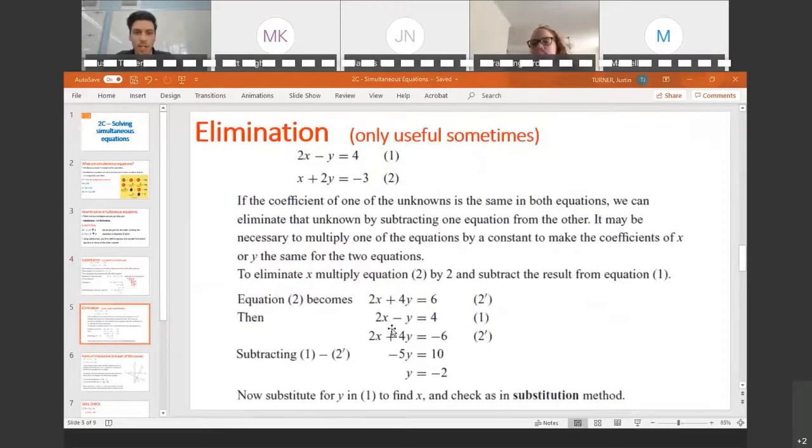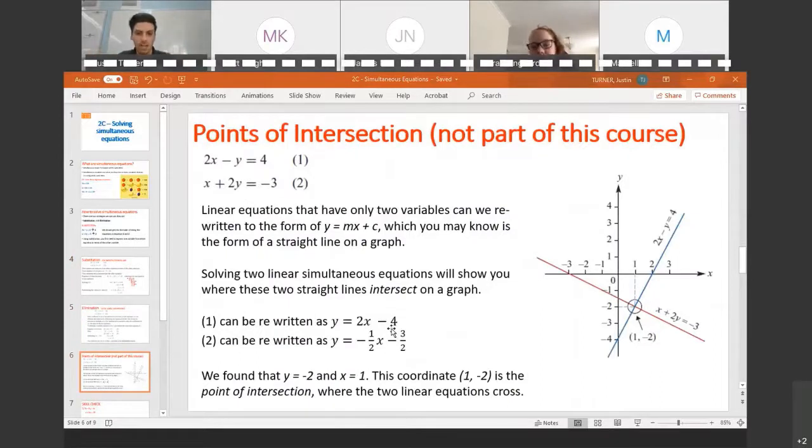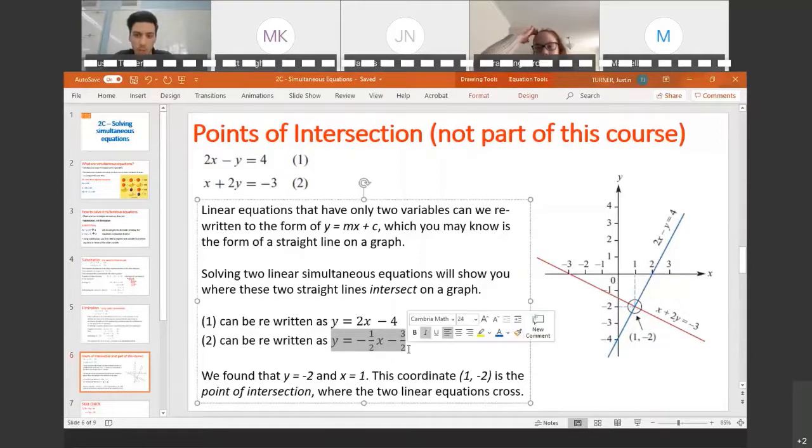And what that actually is, it's where those two lines intersect each other. If you rearrange these equations to make y the subject, equation 1 would be y equals 2x minus 4, and the other would be y equals -1/2x minus 3/2.